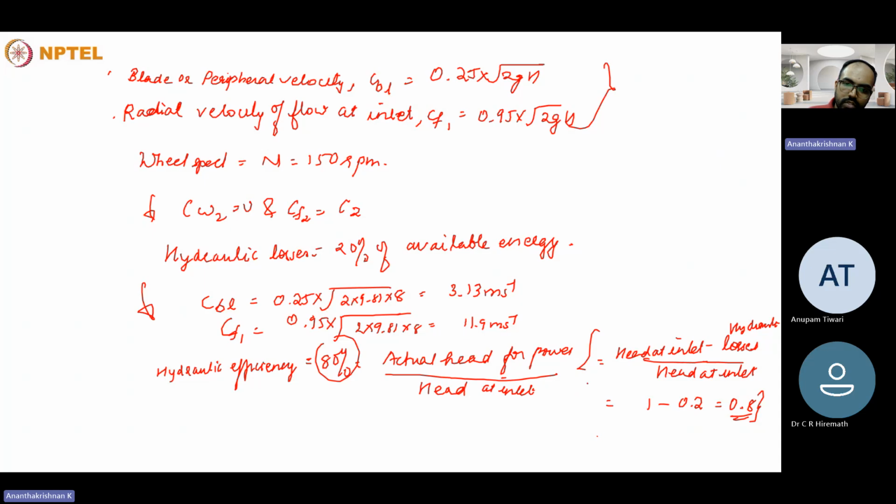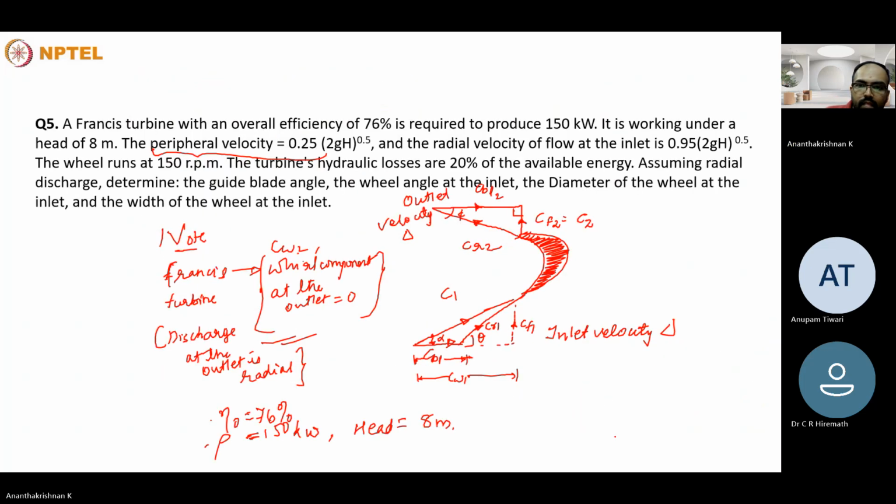This is the calculation. So once you get this hydraulic efficiency as 0.8, now we have to determine how to couple it with the whirl component of the velocity, the blade velocity, and similar other parameters that are available in the problem.